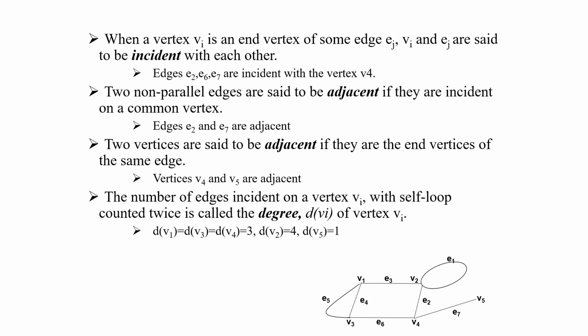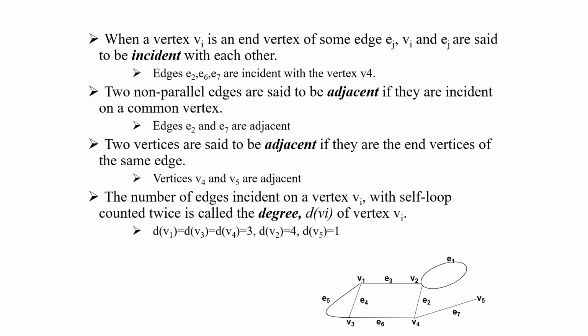The number of edges incident on a vertex Vi, with self-loop counted twice, is called the degree of the vertex. It is normally denoted as d(Vi). Here you can see that from the given graph we can write degree of V1, V3 and V4 are equal to 3.